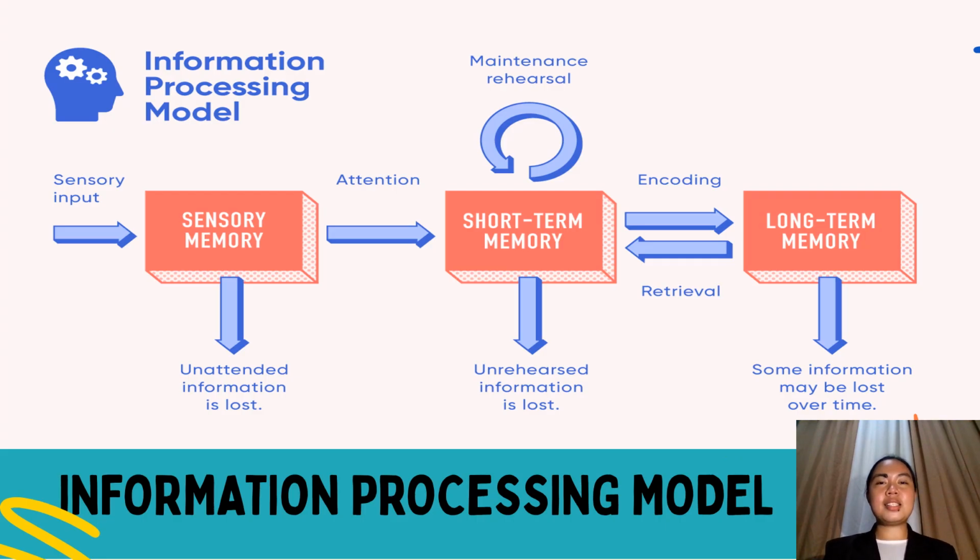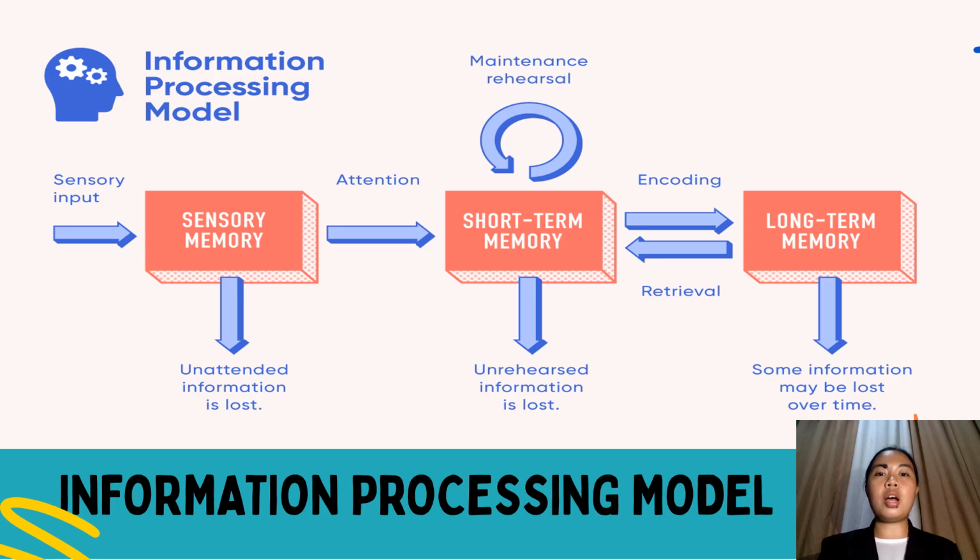And lastly, let's tackle the information processing model. So the information processing model explains how humans process, store, and retrieve information. So it is often compared to a computer system, describing the steps involved in handling information from the moment it is perceived until it is stored or forgotten.